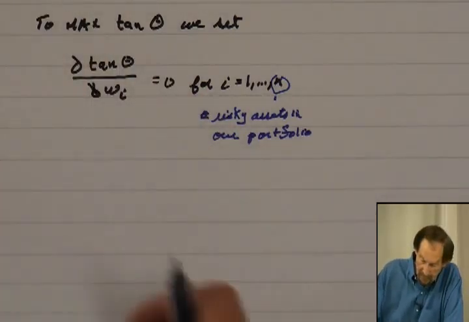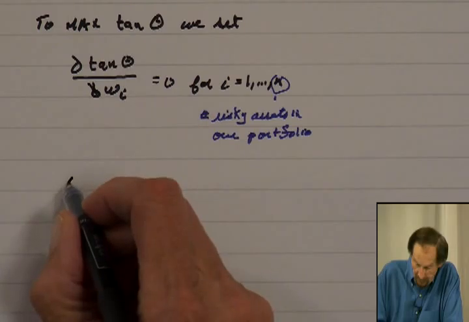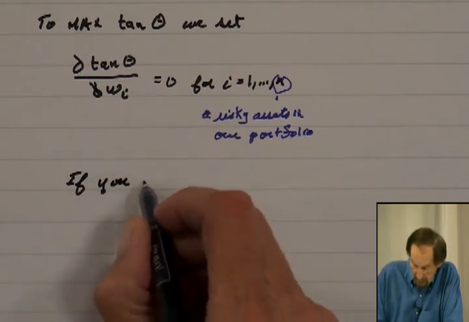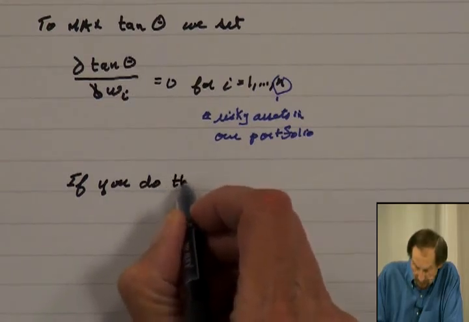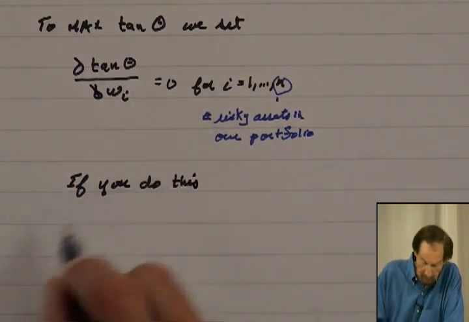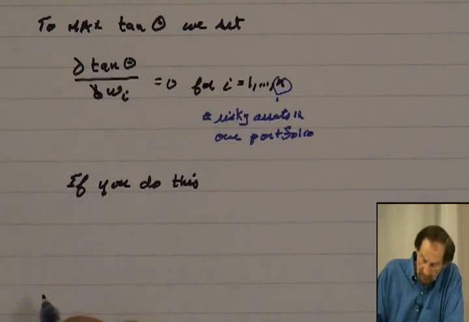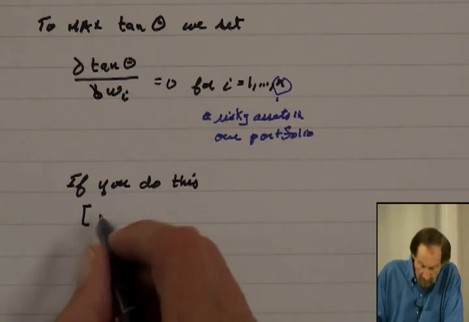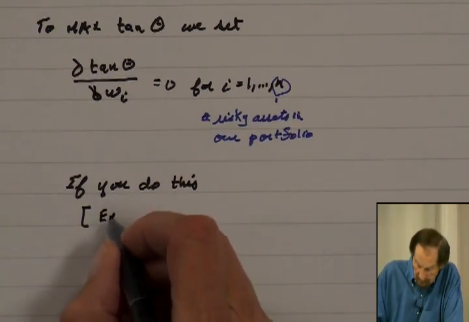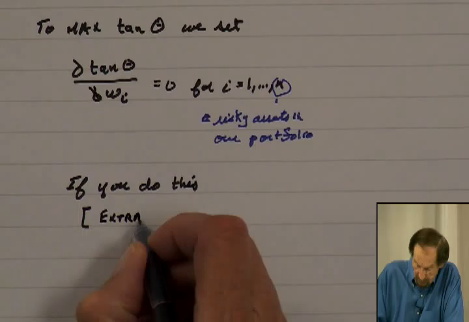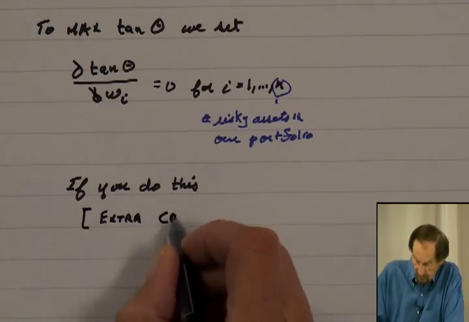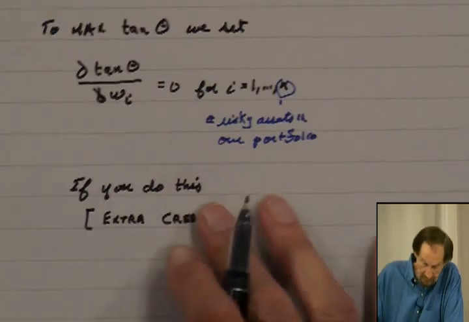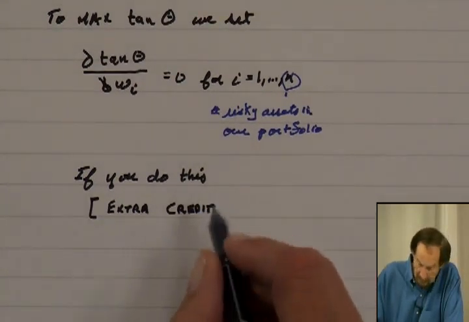If you do this, what we're going to do is say, let this be an extra credit problem. This extra credit is algebraically messy.